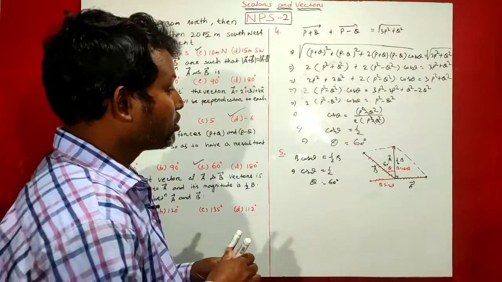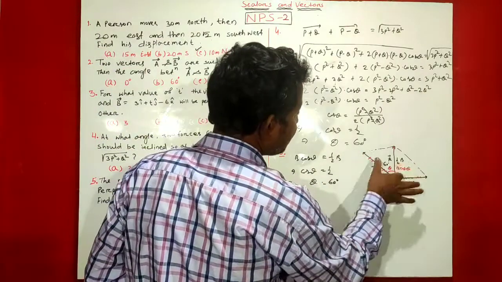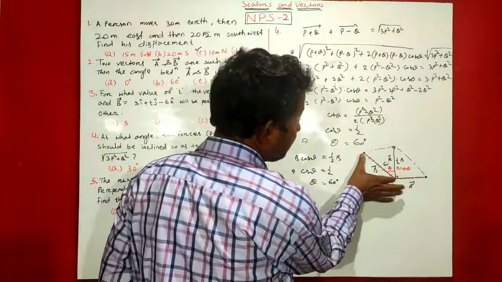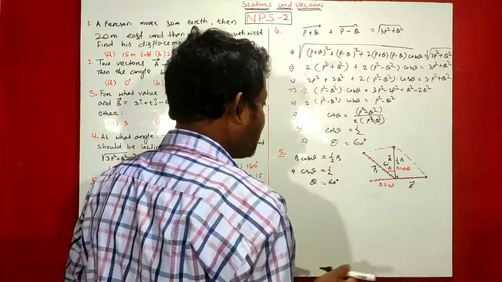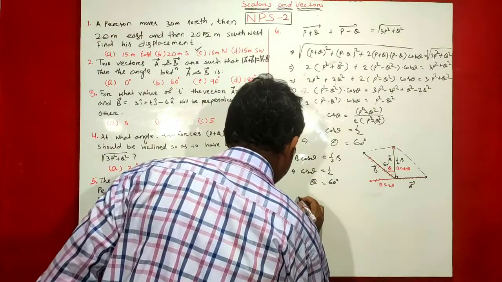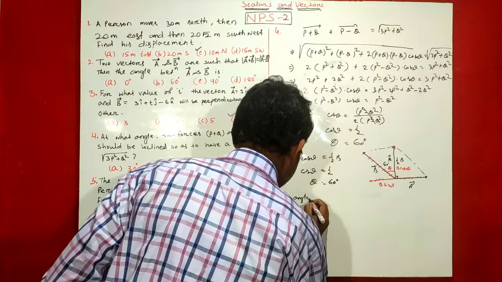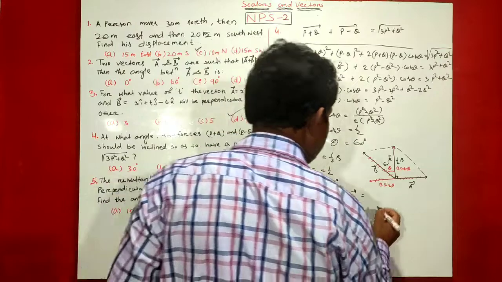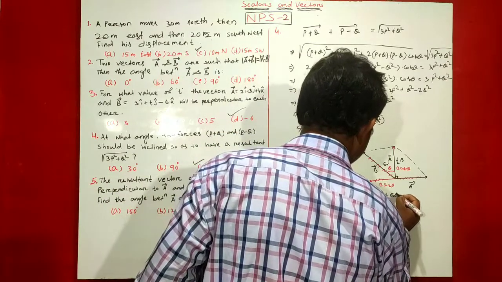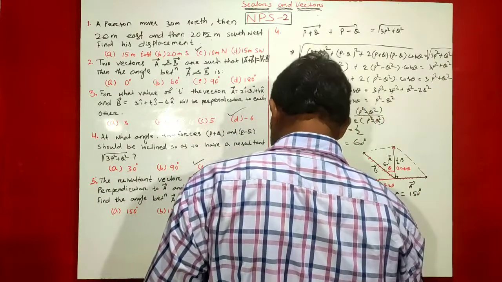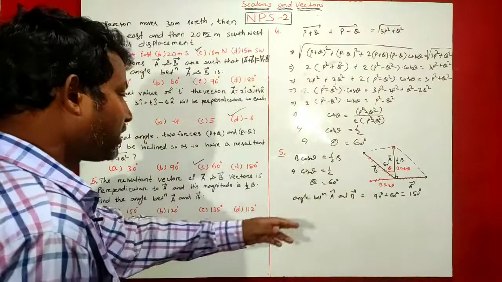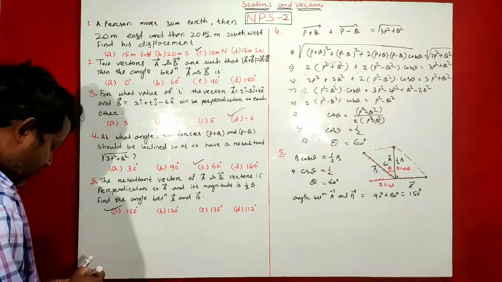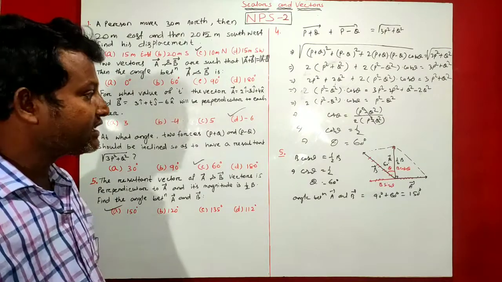But we have to find the angle between A and B, not the angle between B and its resultant. So the angle between A and B will be 90 degree plus 60 degree, which is equal to 150 degree. So guys, this is our answer, 150 degree. A will be the right answer.